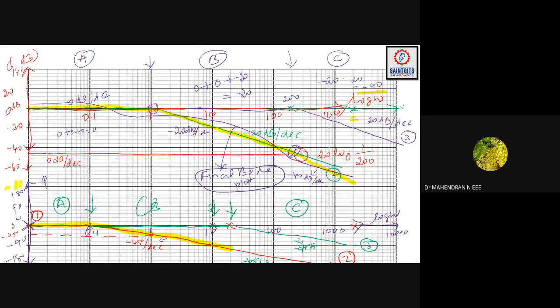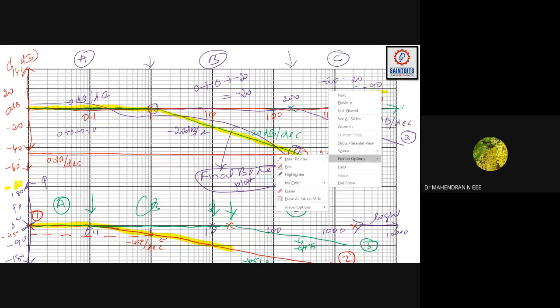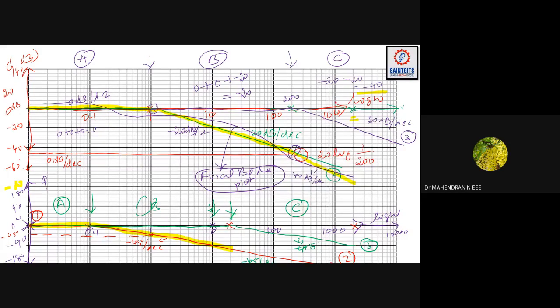So minus 45 plus minus 45 will be minus 90 degree. So what will happen? It will go further.